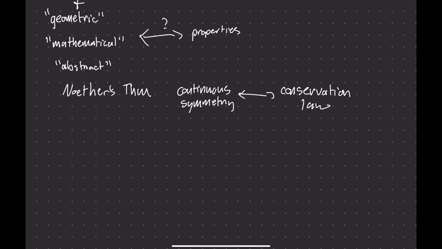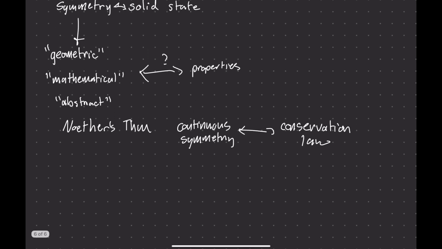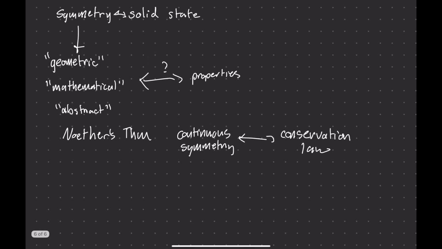Likewise, this is an illustrative example that when we can look into the math of symmetry, properties of materials or predictions about materials can be made.